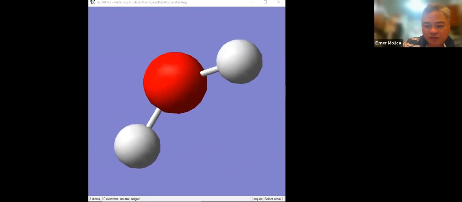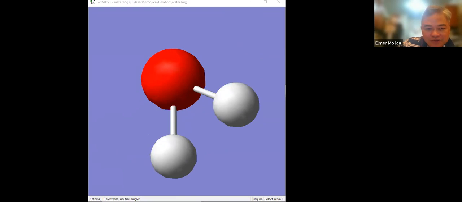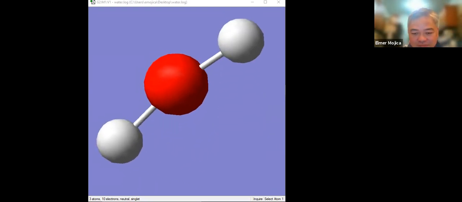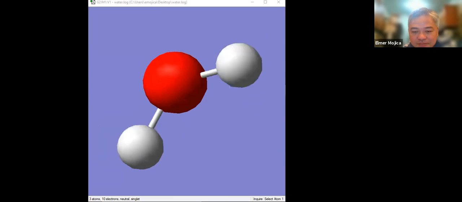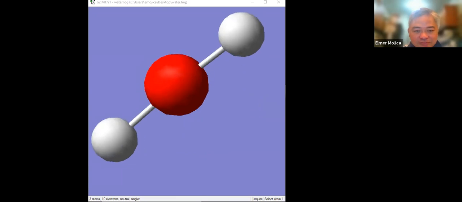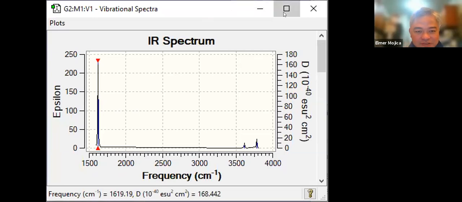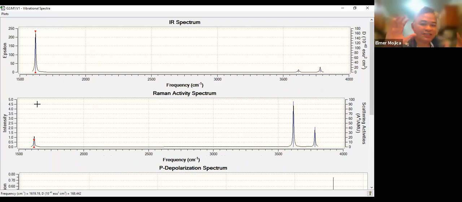Okay. If I'm going to show you the spectrum, teka lang. Kita niyo yung IR spectrum? Here, do you see this IR spectrum? Yes. Okay. So yung naka-highlight ngayon, this is the peak around 1500 to 1600, wave number.